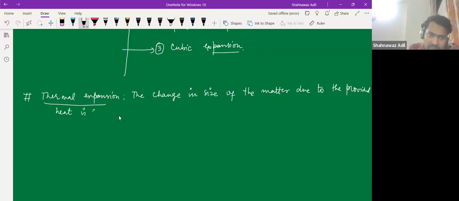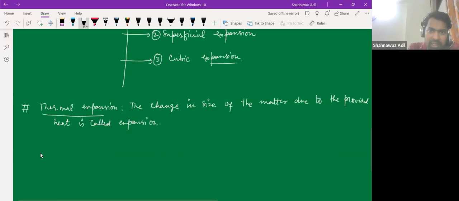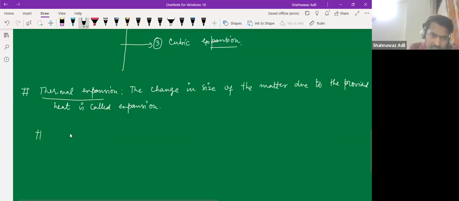And if this thermal expansion happens linearly, right? So let's see, what is linear expansion?